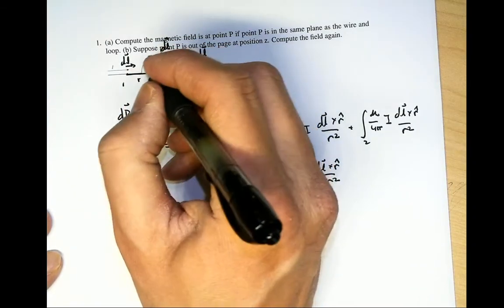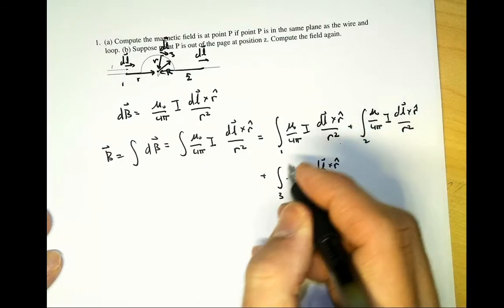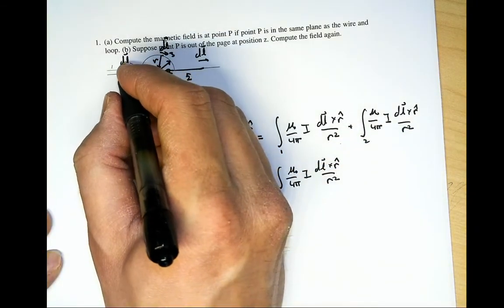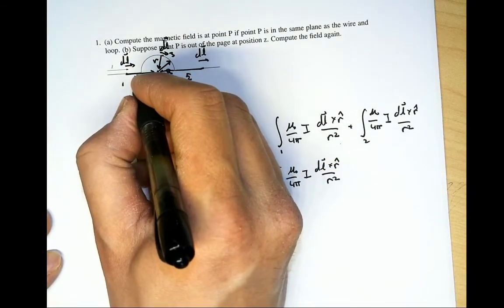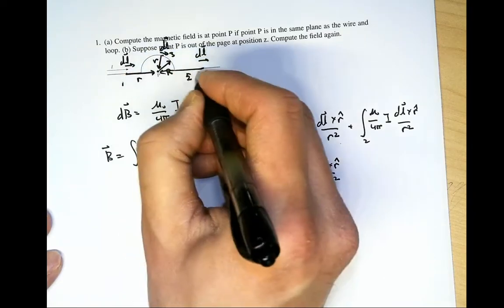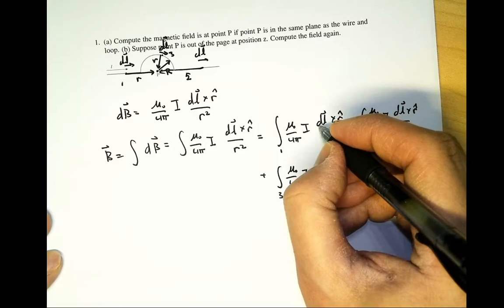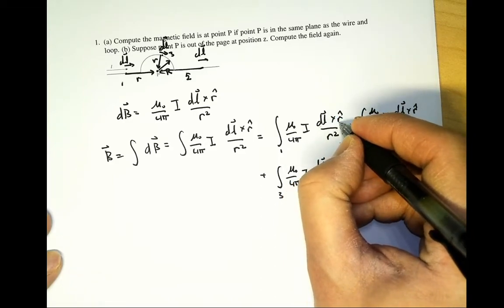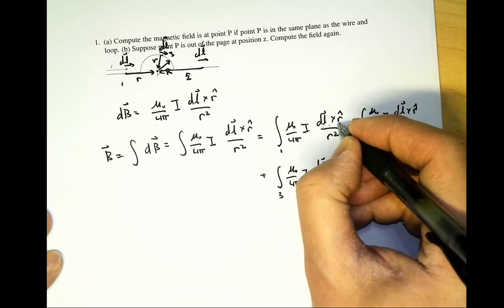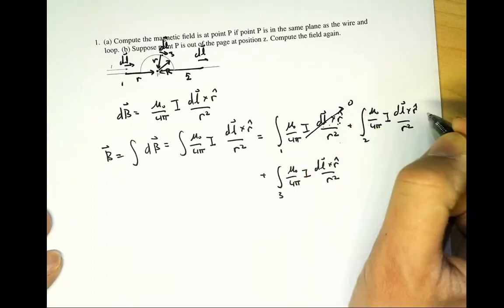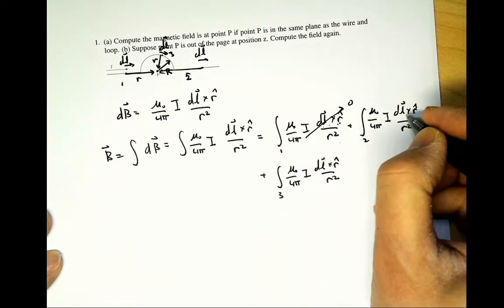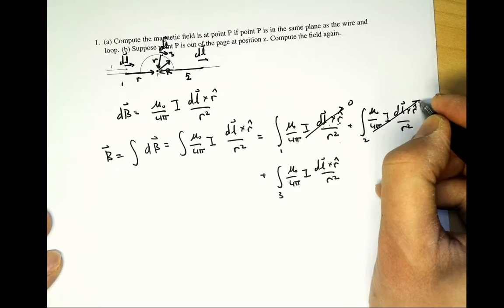For segment 1 and segment 2, you will notice that dl and r hat are parallel and anti-parallel to each other. Because of that, dl cross r hat, for two things which are parallel, is equal to 0. Likewise, they're anti-parallel in the other case, so this is also equal to 0.